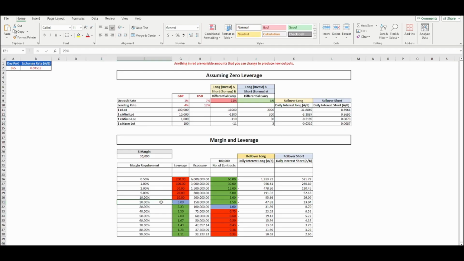The range that we actually want to be looking at is this highlighted column here, the blue, where the blue meets the green.